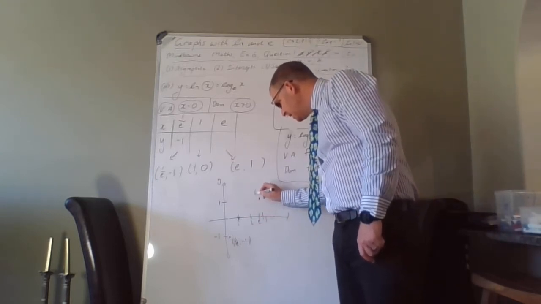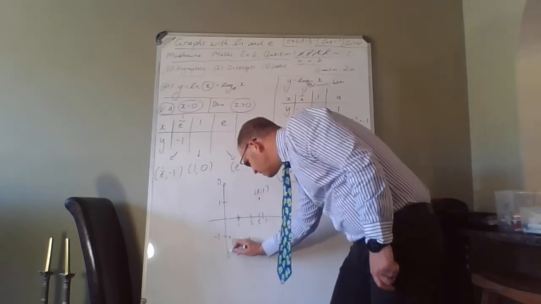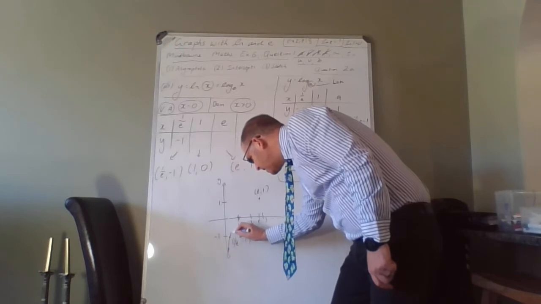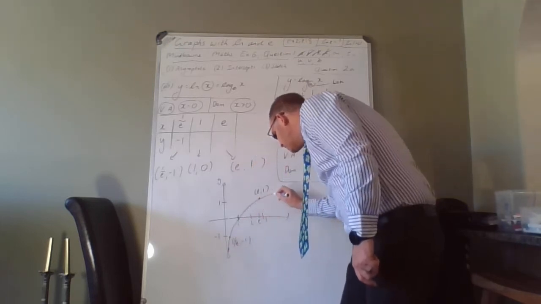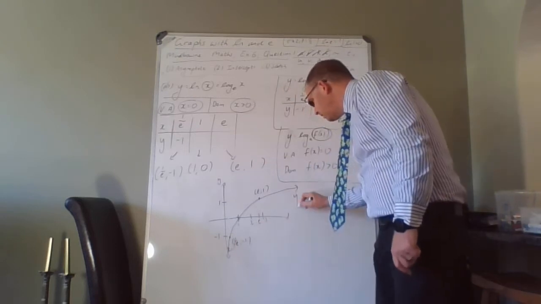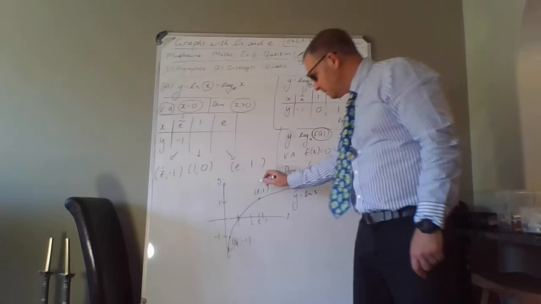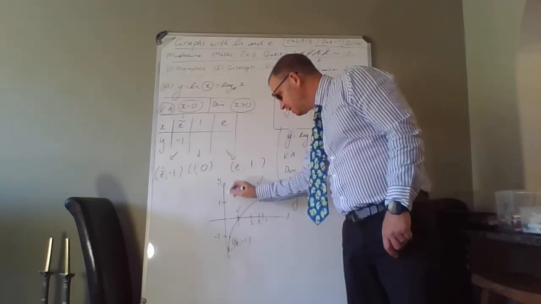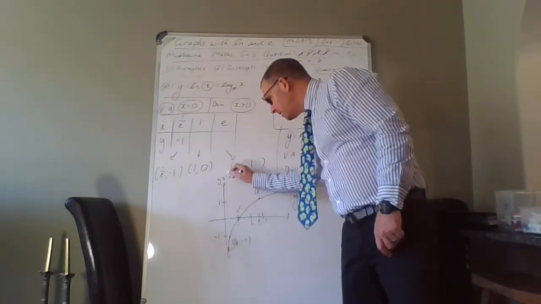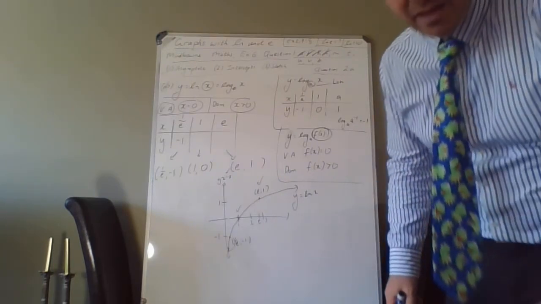So that's the point (e, 1), and there is your standard ln graph. There's the graph of y is equal to ln x. Mark there, mark there. Asymptote x is equal to 0. Okay, hope you're comfortable with that.